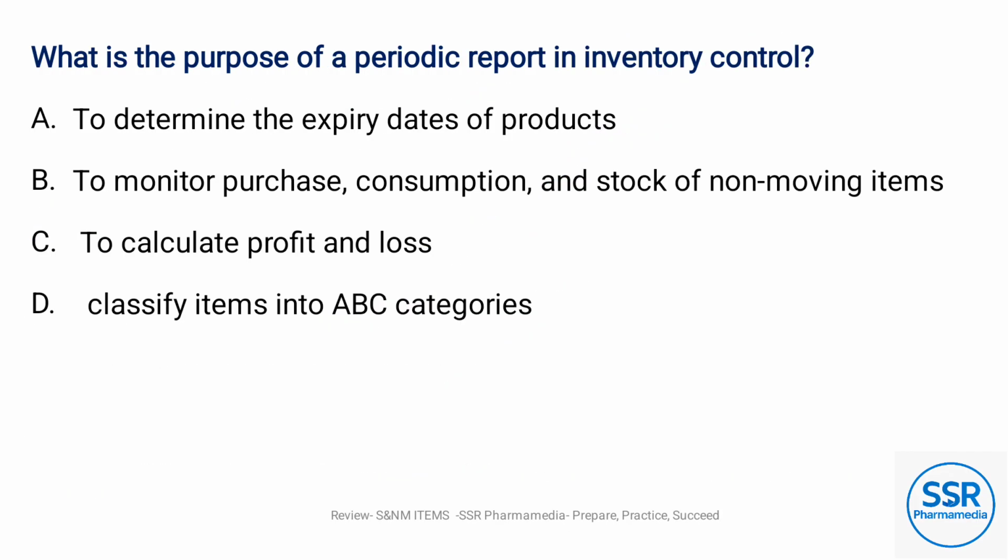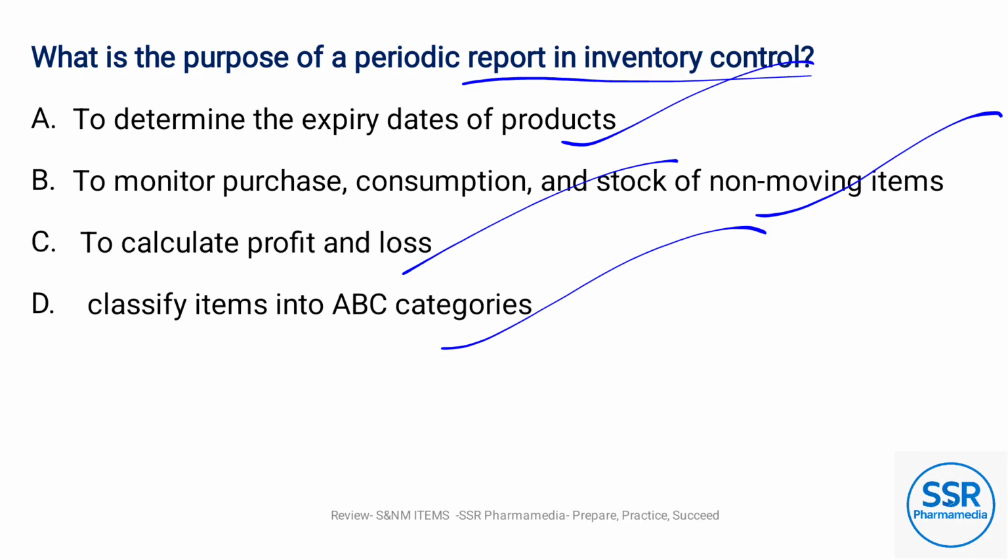Next question. What is the purpose of periodic report in inventory control? Option A, to determine the expiry dates of product. Option B, to monitor purchase, consumption and stock of non-moving items. Option C, to calculate profit and loss. Option D, classify items into ABC category.